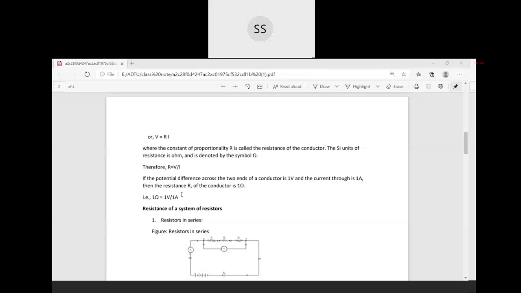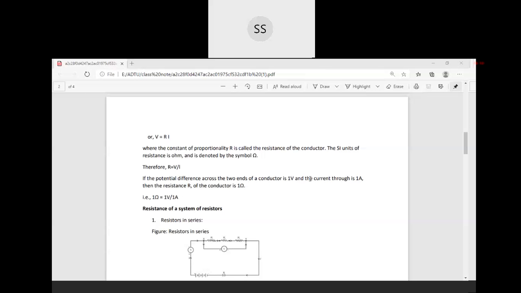Try, your first part was correct. You can try like this. If in a conductor the current produced is 1 ampere and the resistance of the conductor is 1 ohm, then the potential difference across the conductor is 1 volt.